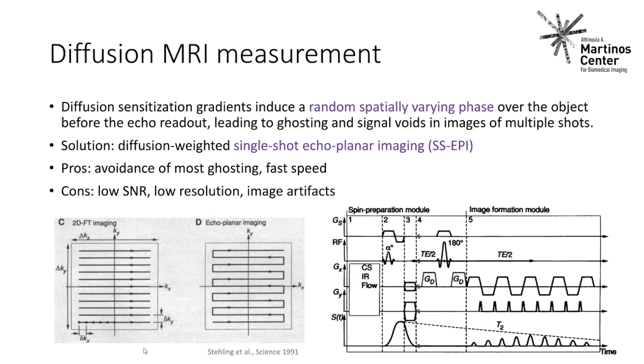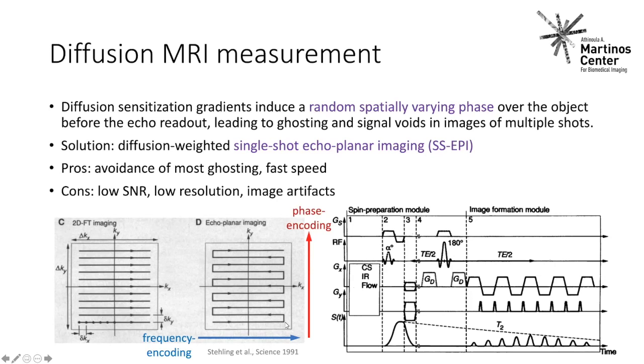So it's pretty fast. But let's recap. The direction parallel to each line is the frequency encoding direction, and the direction perpendicular to all lines is the phase encoding direction. Then we can imagine that when we acquire each line in the frequency encoding direction, the time is pretty short.